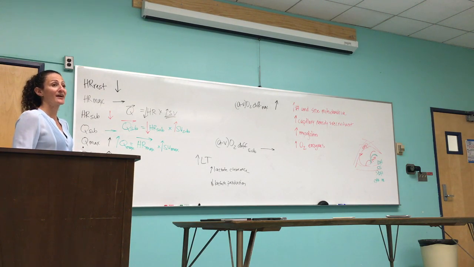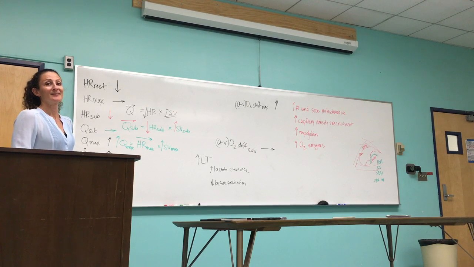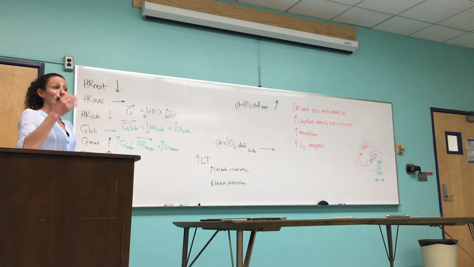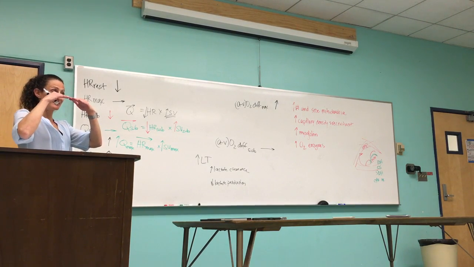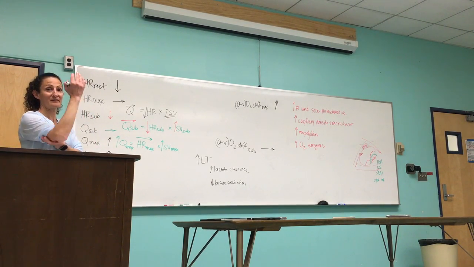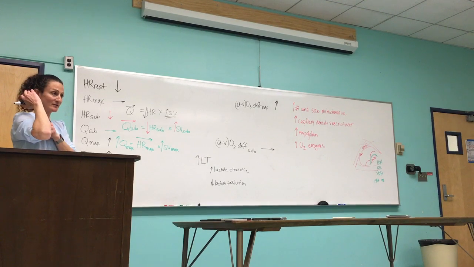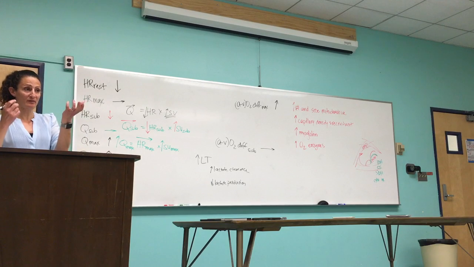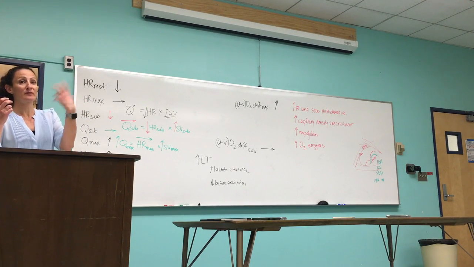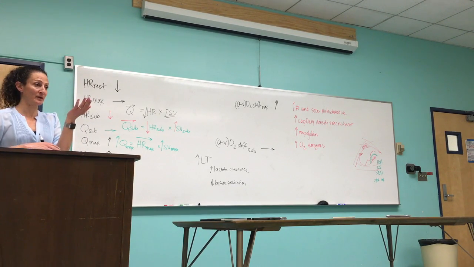Higher, yes. Why? Their lactate threshold is higher. So at any given intensity, they're going to be producing less lactate because they haven't reached their lactate threshold. So at 5 miles per hour, the untrained person might be above their lactate threshold, producing a ton of lactic acid, and their pH is dropping.